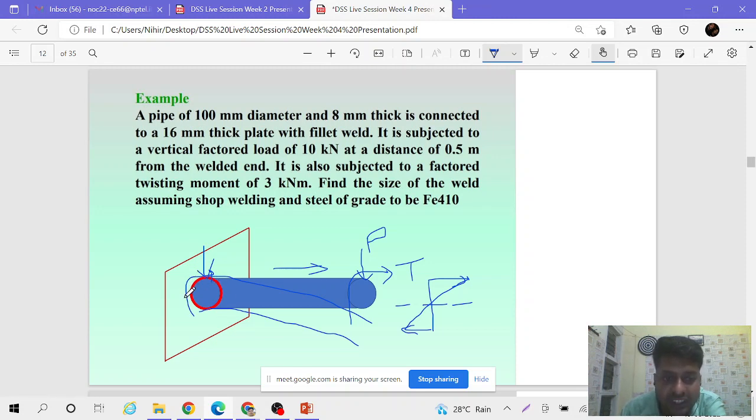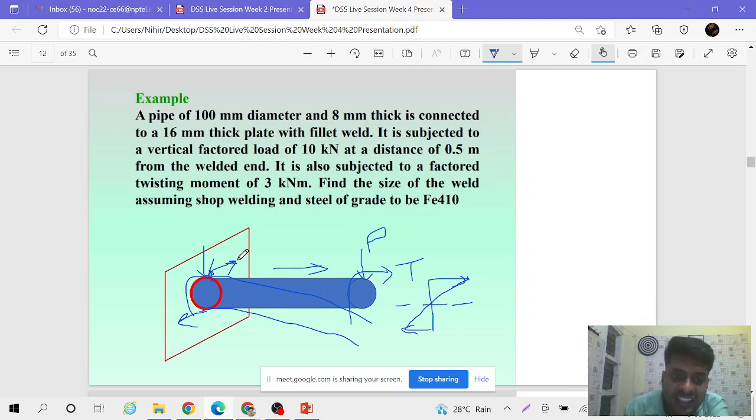So because of the torsion, again shear stress will come here in this weld, this time along this direction. When you apply clockwise torsion here, like this stress will come into picture.